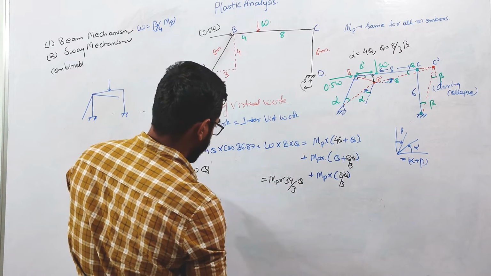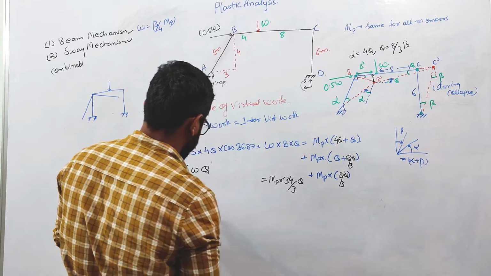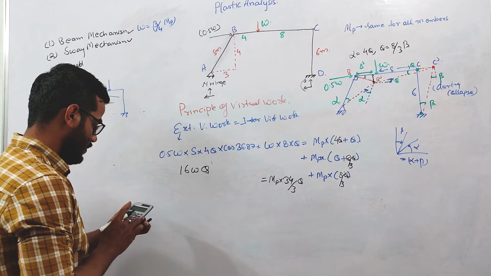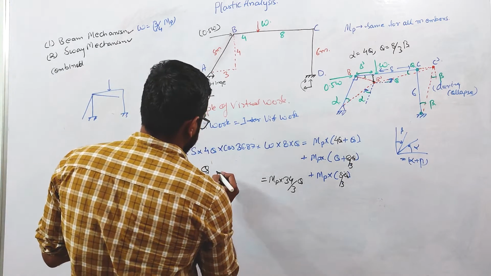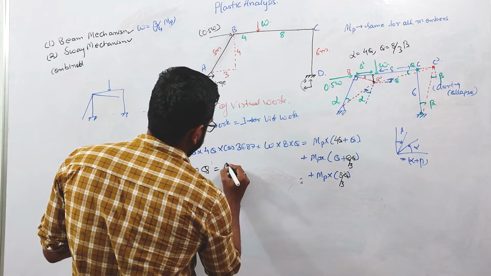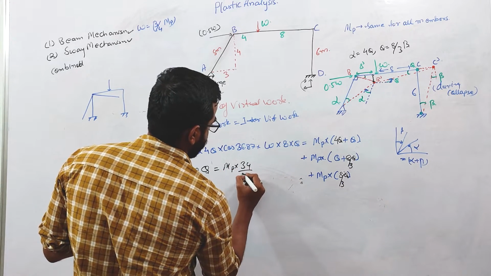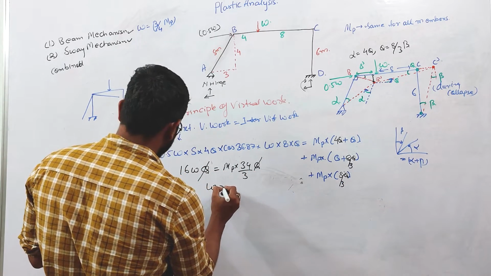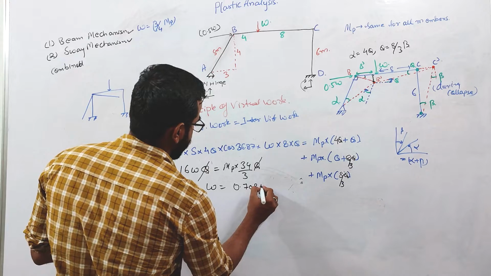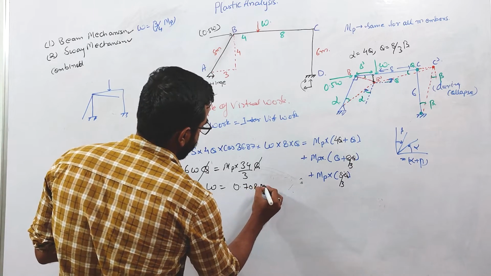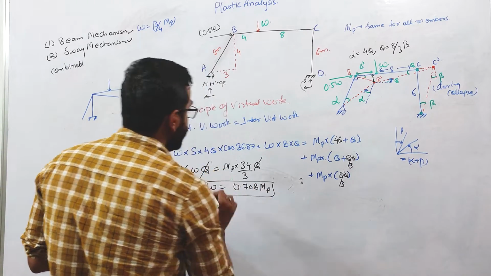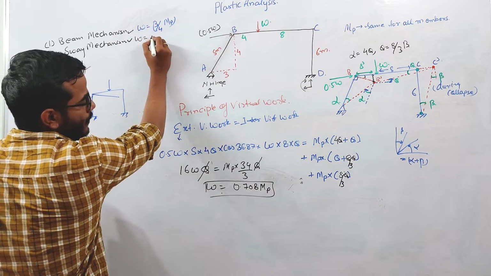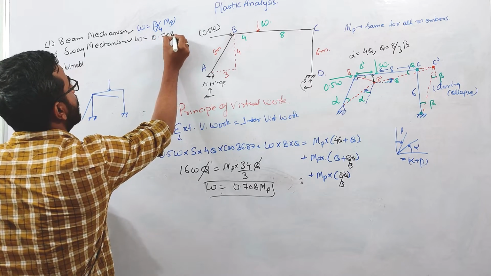So the value will be 34 divided by 3 divided by 16, equal to MP into 34 by 3 theta. Theta will cancel out, so if you calculate W from here, it will be 0.708 MP. So when you are considering the sway mechanism, the collapse load W comes out to be 0.708 MP.